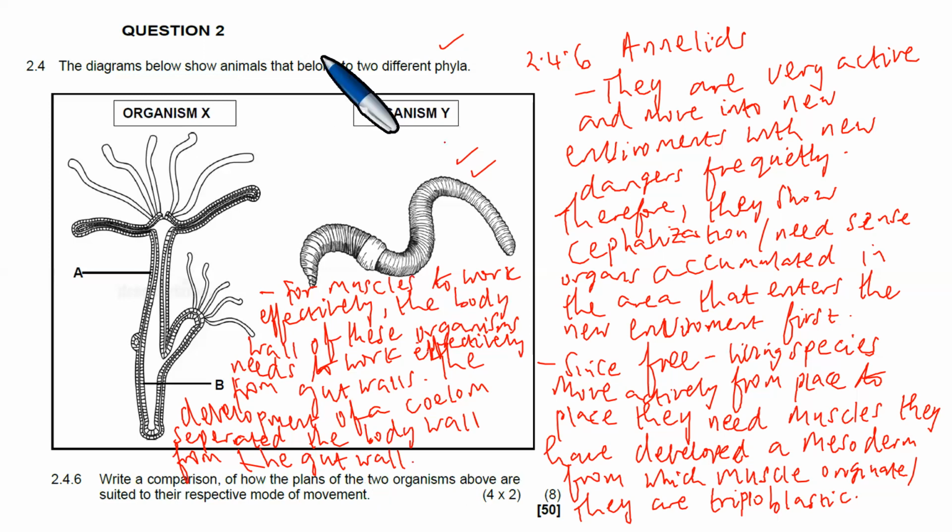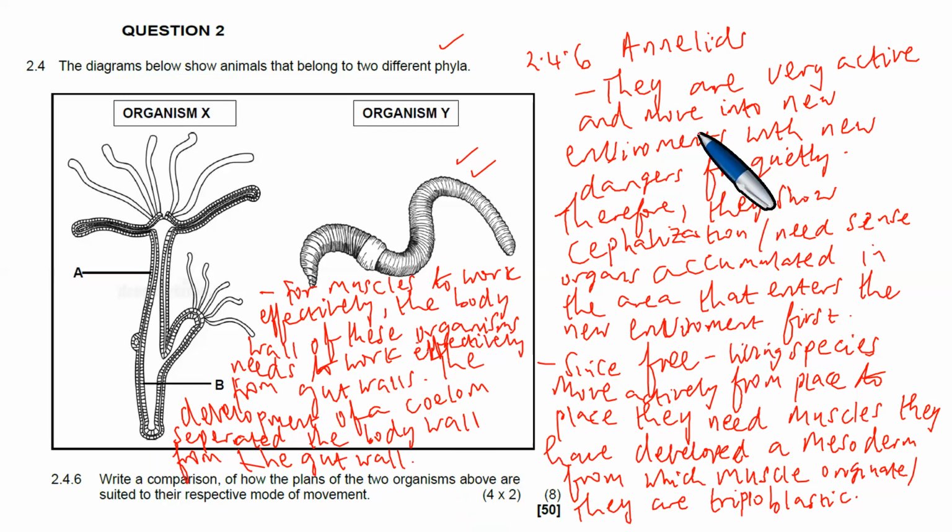So we have the body wall, and then we also have the gut wall. In other words, the development of a coelom separated the body wall from the gut wall.